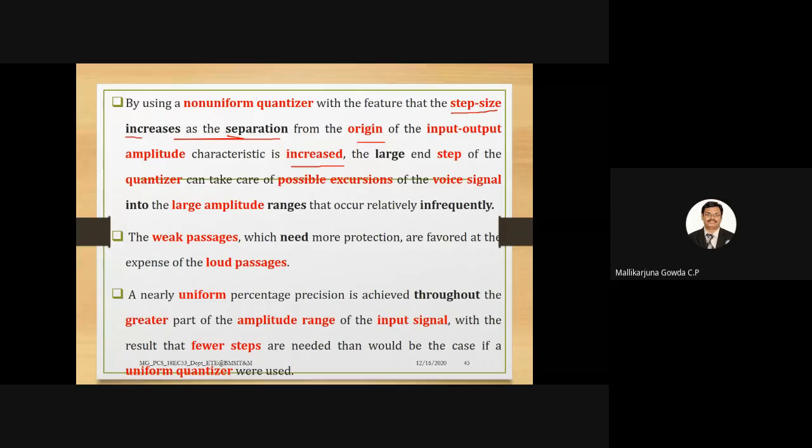But in case of non-uniform quantizer, the step size delta keeps changing, depending on the spacing between the adjacent representation levels. I will be representing the large amplitudes with a large step size and small amplitudes with a small step size.